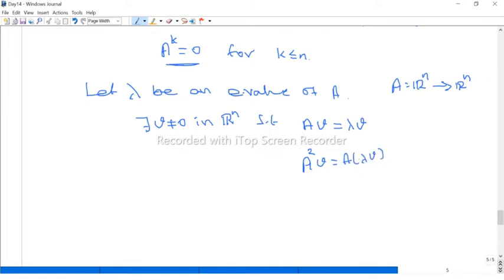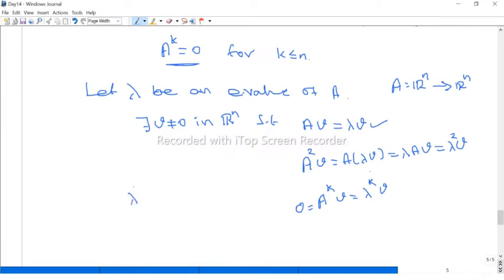Since A is a linear transformation, the scalar lambda comes out, therefore lambda times Av. Again Av is lambda times v, therefore we get lambda square v. So A square v equals lambda square v. Similarly we can go up to A power k v equals lambda power k times v.